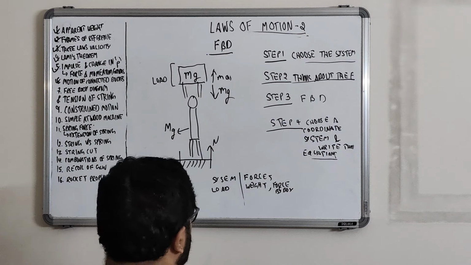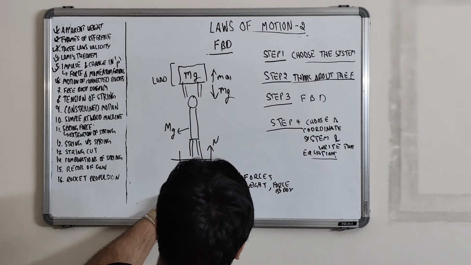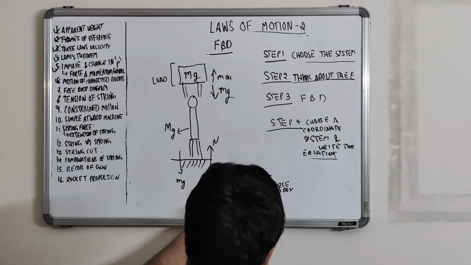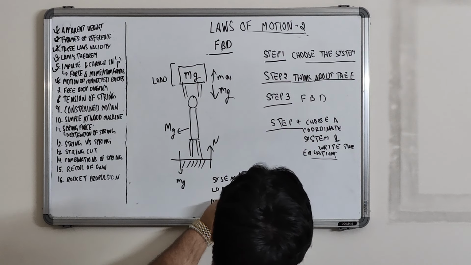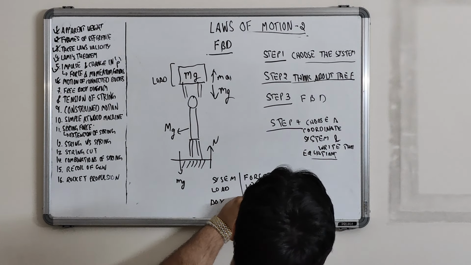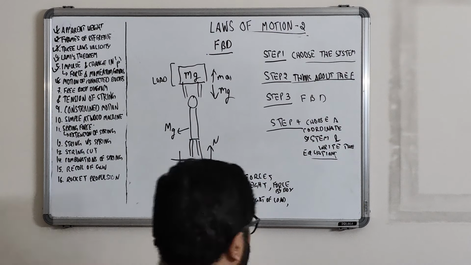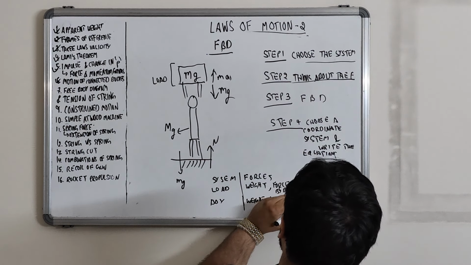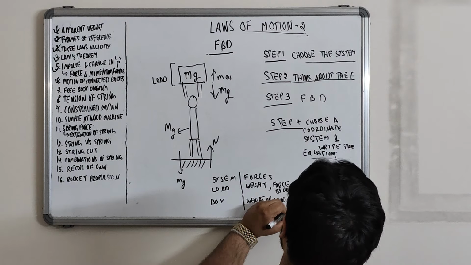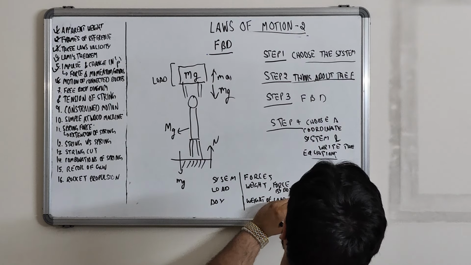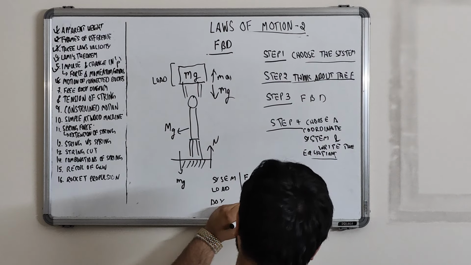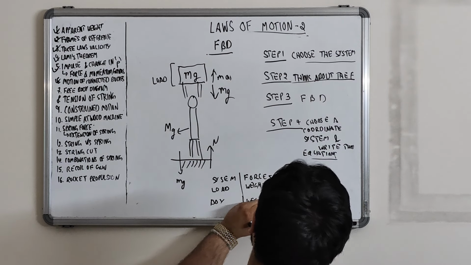Now next we talk about the boy. The boy is experiencing the weight of the load, right? And he is experiencing a normal reaction from the floor, and he is applying his weight to the floor.